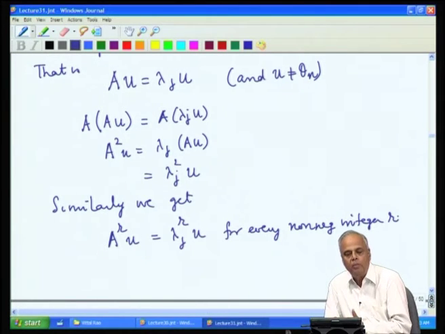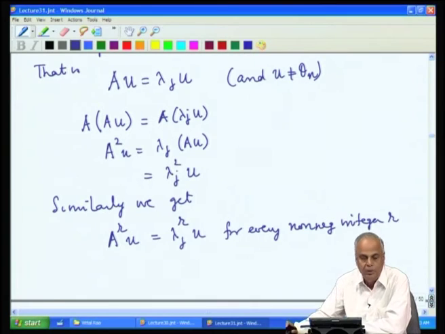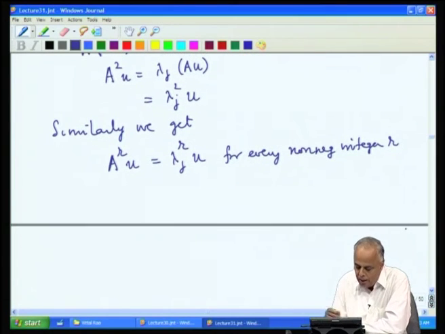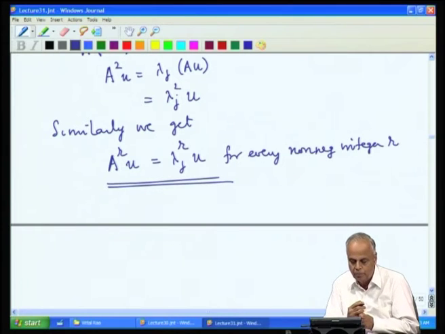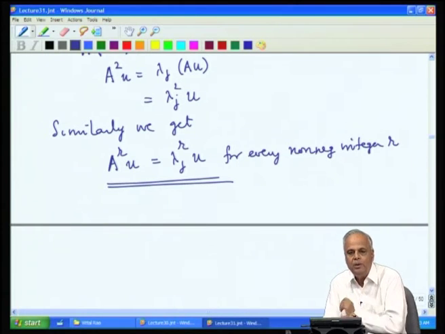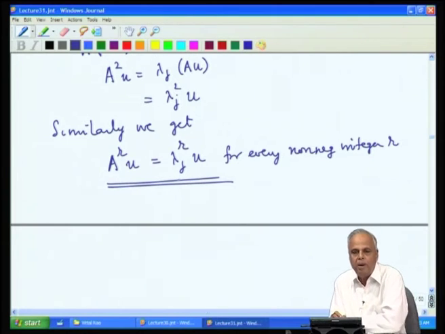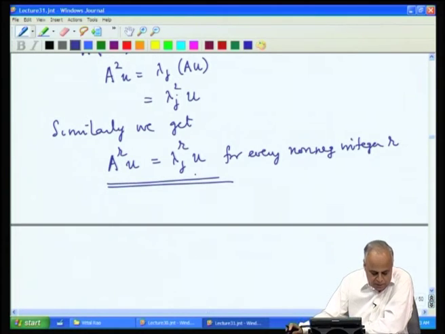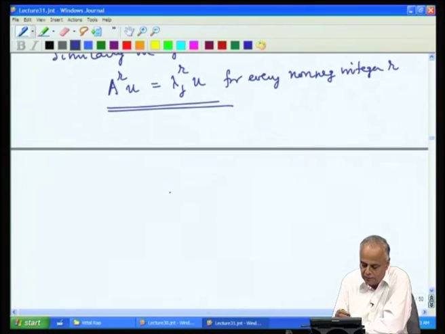A cubed u will be lambda j cubed u, A power 25 u will be lambda j to the power of 25 u and so on, and in general A power r u will be equal to lambda j to the power of r u. So, therefore, if u is an eigenvector, then to calculate the power of the matrix A acting on u, all we have to do is take the power of the eigenvalue and multiply it with the vector. Now, this has an additional implication.